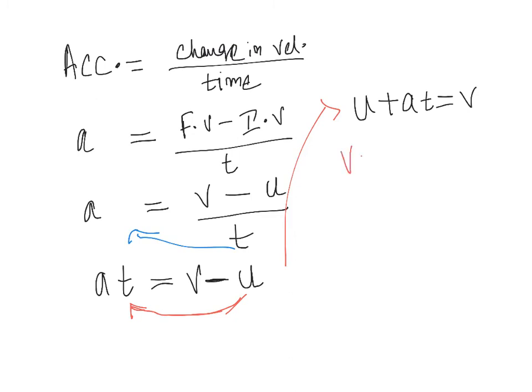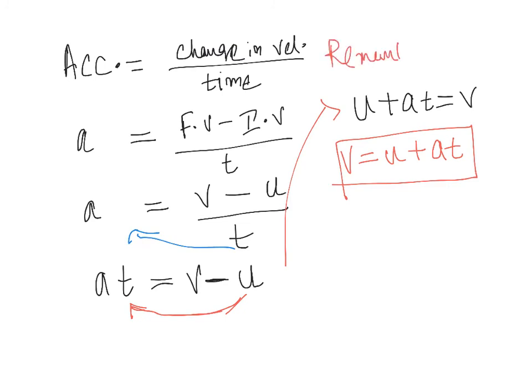Okay, v is equal to u plus at. This is my first equation. My first equation comes from the definition of acceleration. V is equal to u plus at is my first equation of motion, and if you remember the definition of acceleration, you will be able to find this out.